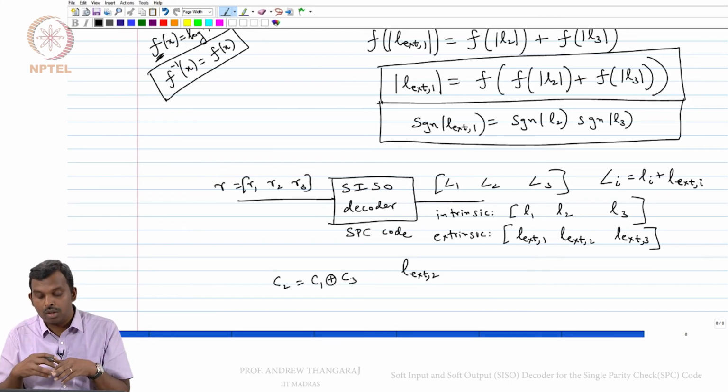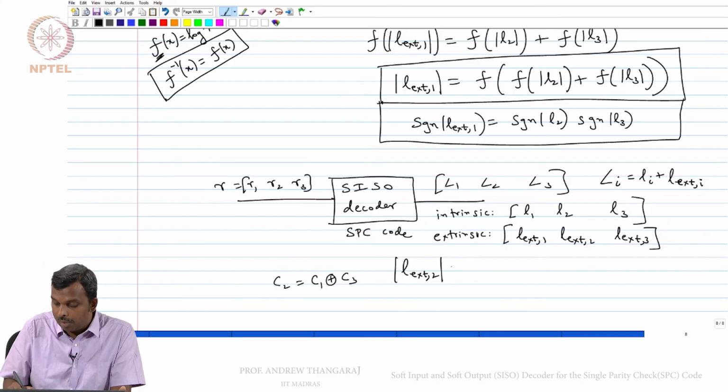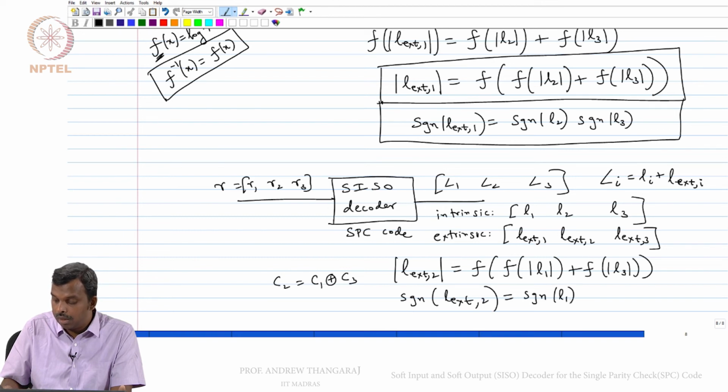So, wherever you have 2 and 3, you replace them with 1 and 3, you will get the Lx2. Okay. So, here you will have absolute value of Lx2 is f of absolute value of L1 plus f of absolute value of L3, and then sign of Lx2 is sign of L1 multiplied by sign of L3.